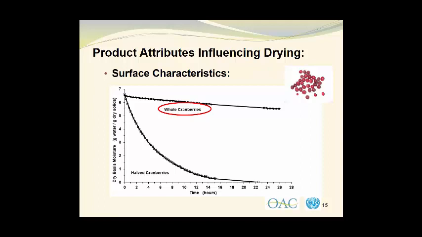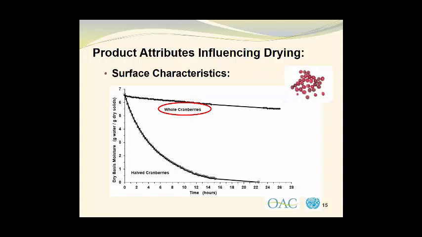Please don't worry about the vertical axis, which shows the dry basis moisture. This is an indication of the amount of water that is contained per gram of solids in the berries. But the important thing to recognize here is the downward trend and the rate of that trend.